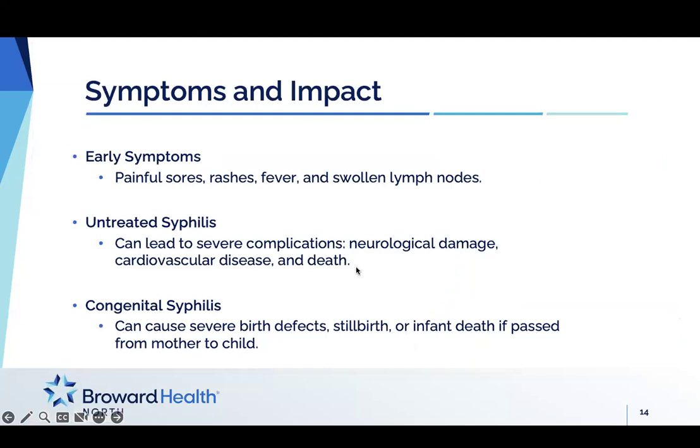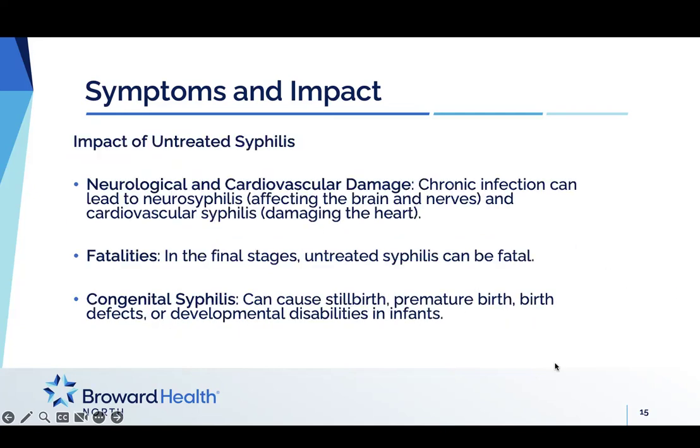In regards to symptoms and impact, it's mostly the same thing, right? These early symptoms, like we discussed, in untreated syphilis give severe complications in the major organs, and the congenital form causes more severe problems, like birth defects, stillbirth and infant death, because of these complications.